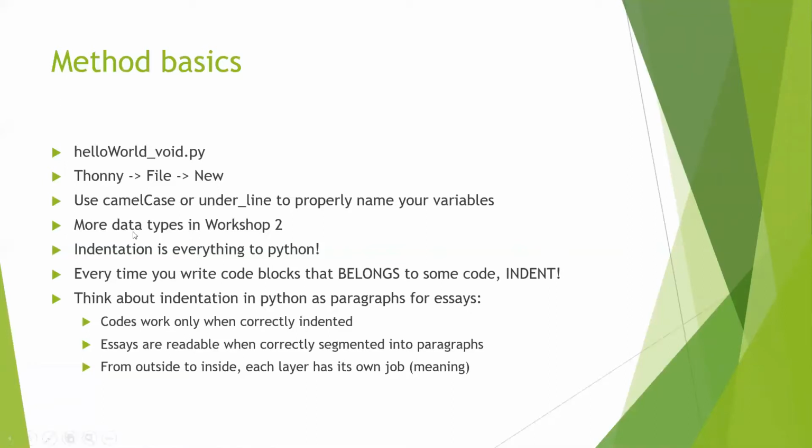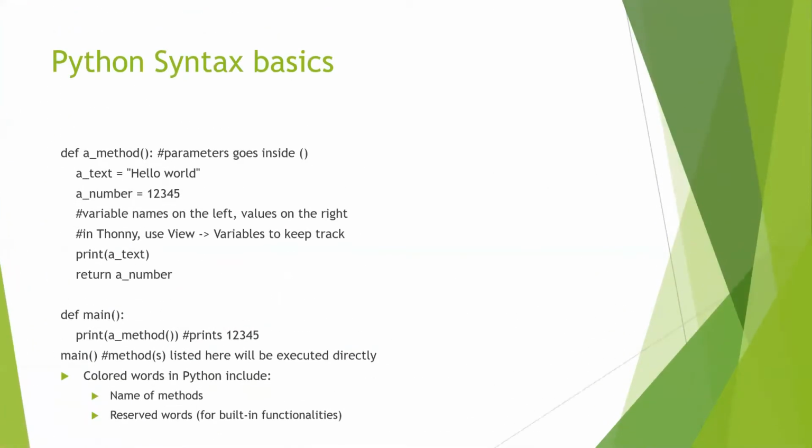And we've talked about strings and integers as data types, and we're going to introduce you to more of the data types in workshop 2. And we also talked about how indentation is everything to Python, like the code I showed you right here, with a method and all the subcodes behind it, and also the print command inside the main. And you see that the shortcut main is not indented; it's parallel to the two defining initiatives right here.